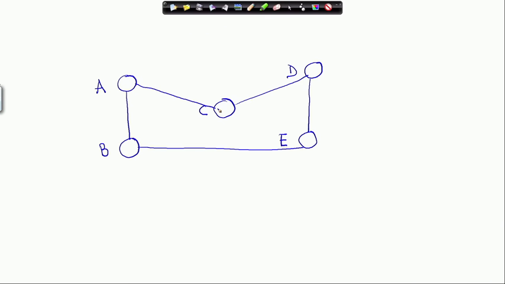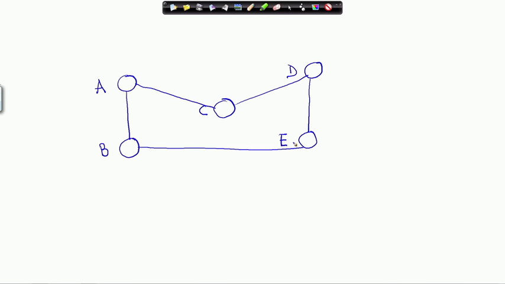Moreover, along with each of these paths, we have got some cost associated. The amount of money, the amount of expense that we will have to bear in order to make this travel possible. Suppose for travelling B to E, I have got different options.